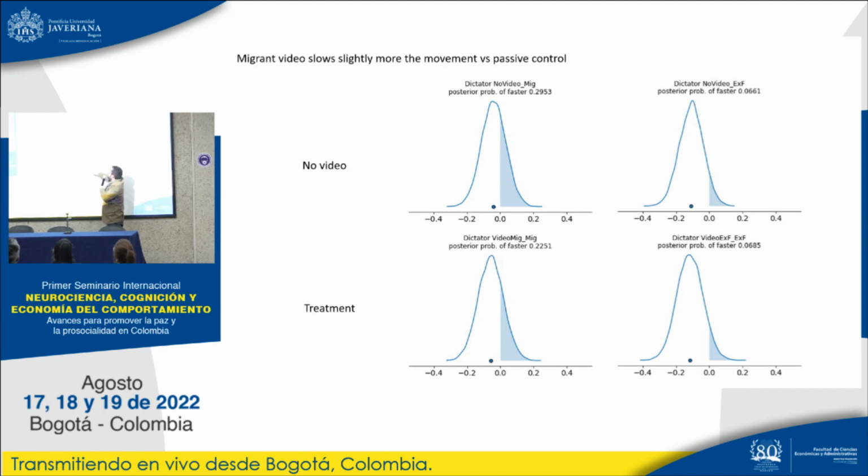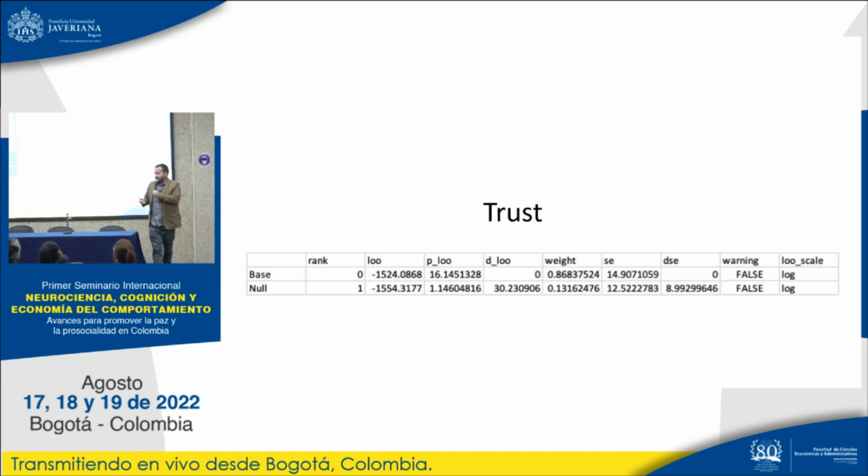So here the treatment, the video of migrants, even compared to no treatment, it's more likely for them to become slower with the migrant video. The same thing with the former FARC, but with the former FARC it's not so clear compared with the no video.